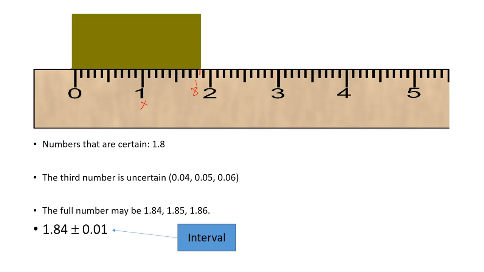For this case, I decided that I'll put 4. But then I add the uncertainty, 0.01. So what it means is that the last number can be 0.4, 0.5, or 0.6. This is the uncertain number. That is the last number. So that's what uncertainty means in measurements.